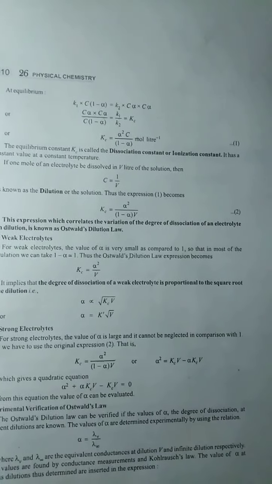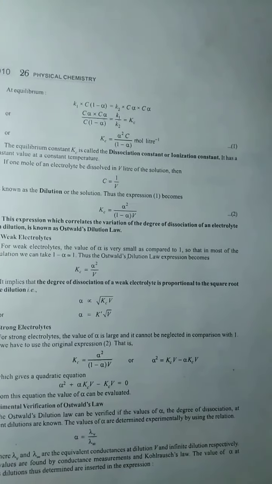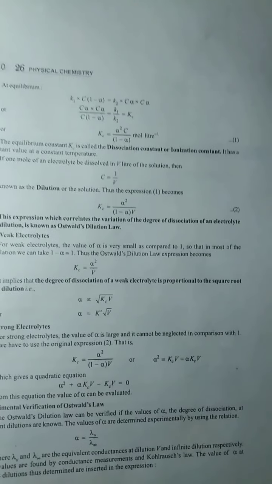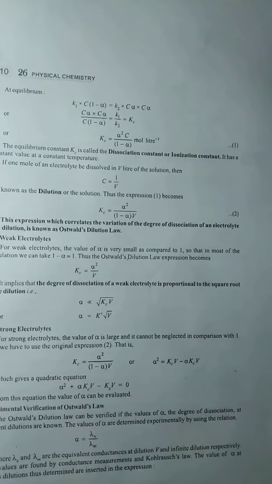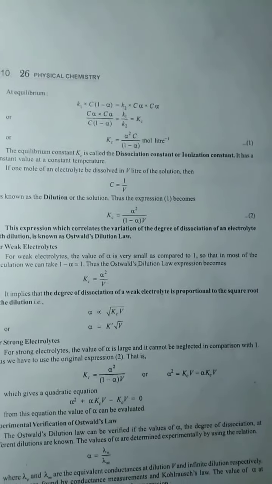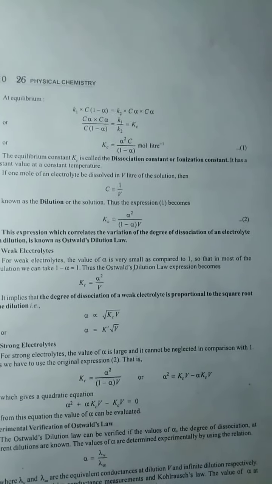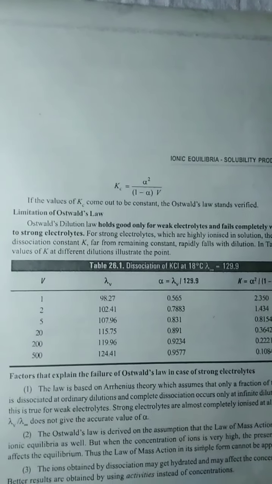Their values are found by conductance measurement and Kohlrausch law. The values of alpha at various dilutions thus determined are inserted in the expression Kc is equal to alpha square over (1 minus alpha) multiplied by V, where Kc is constant, and the Ostwald law is hence verified.